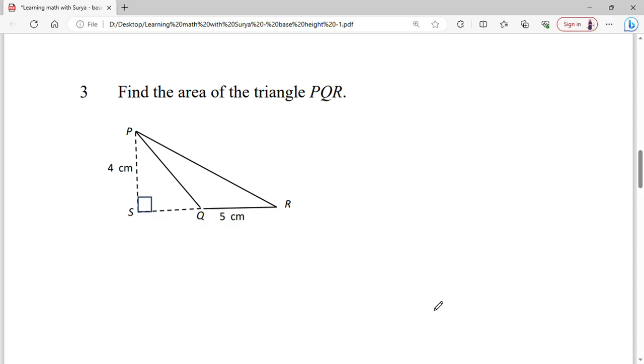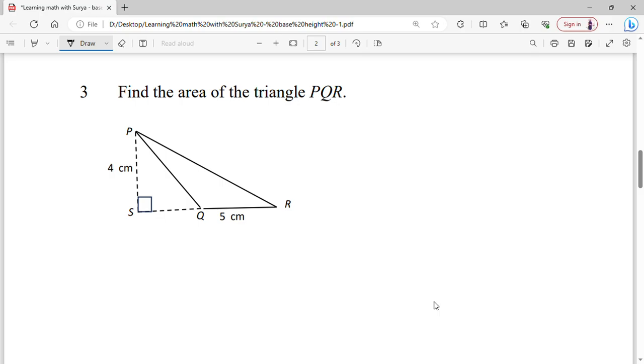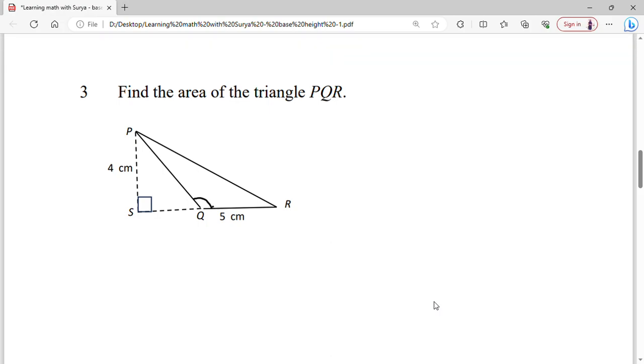Find the area of triangle PQR, which is the third type. So basically this is an obtuse angle. So this is the base and the height is outside the triangle, that is, it's extended. So this is the height.